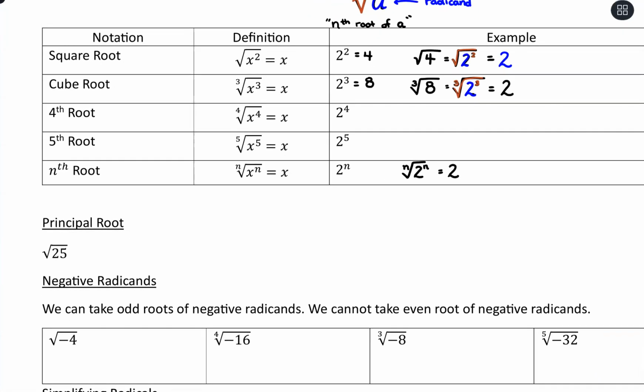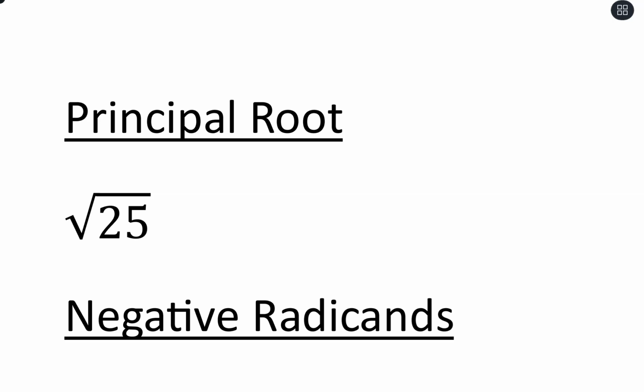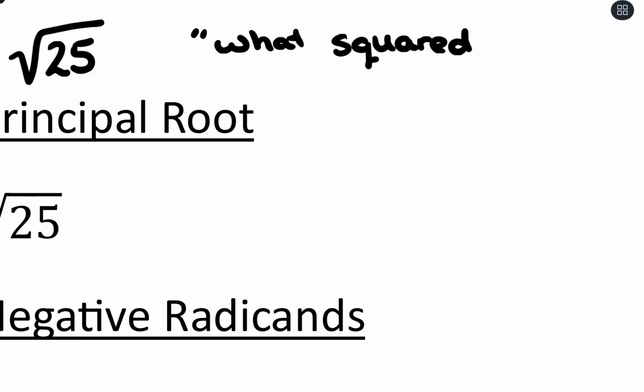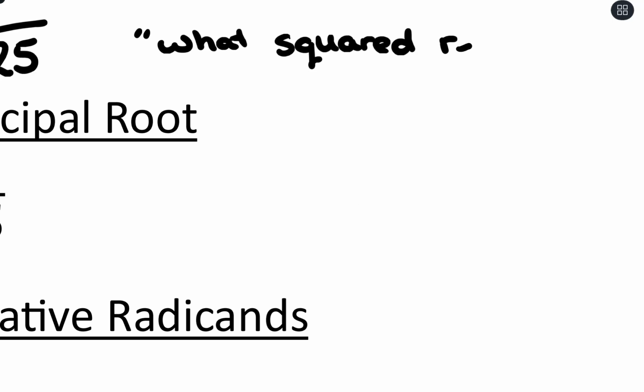Okay, so when we're taking roots, we're thinking about the principal root. So as I was talking about up above, if I'm looking at this root of 25, what I'm thinking to myself is what squared gives me 25? Or let's say results in 25.